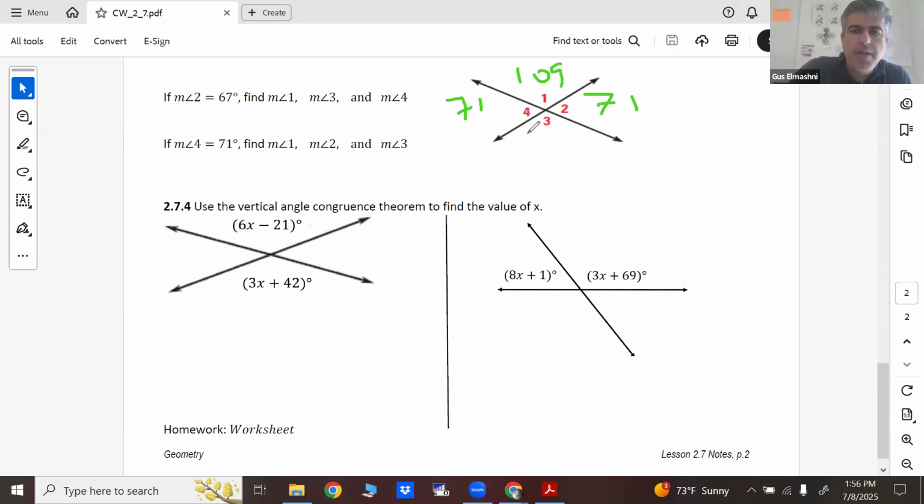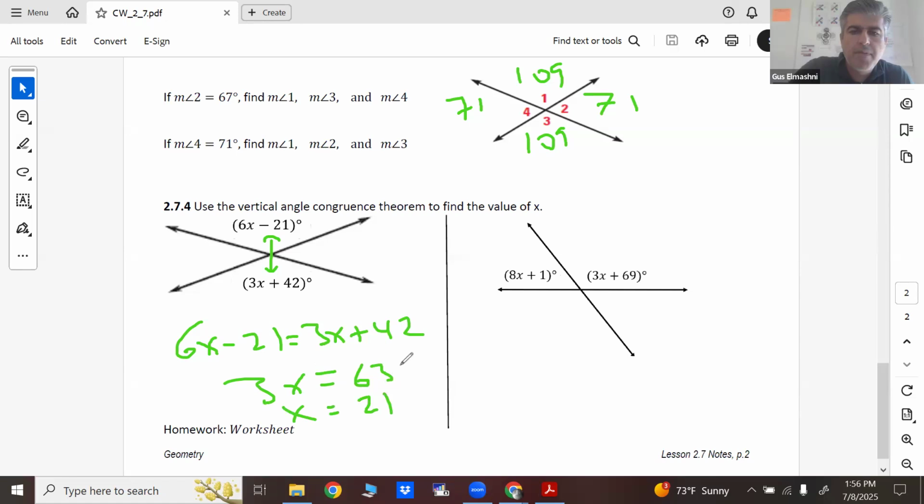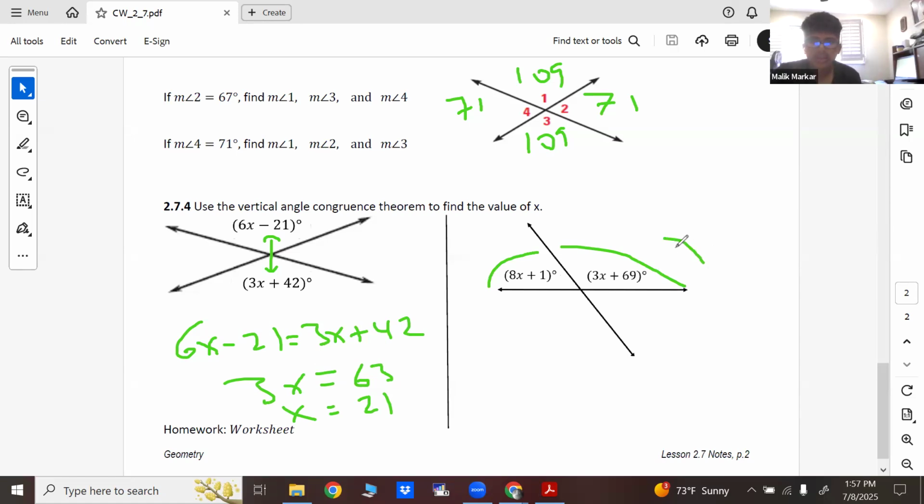Yeah, that's 109, that's 109. If these are the same, then you set them equal to each other. That's pretty obvious. Yeah, and these are right next to each other, so they have to add to 180. 81, 81. So X is 10.